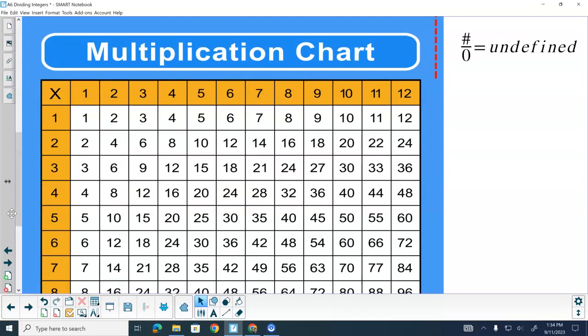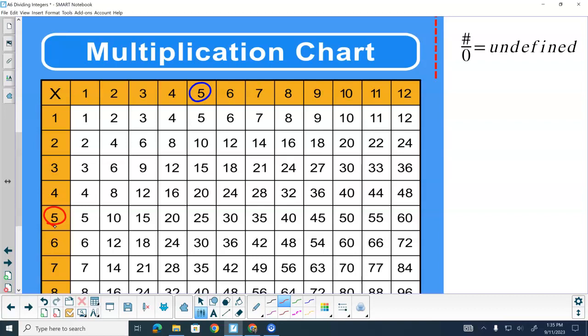I'm going to either start at the 5 on the top, or at the 5 on the left. One of the two.